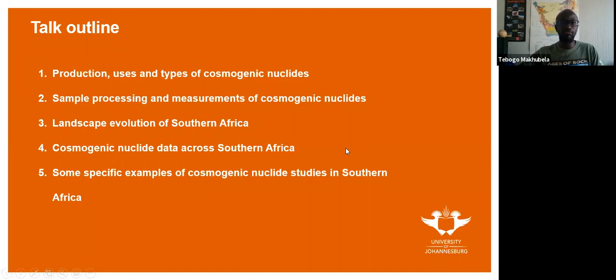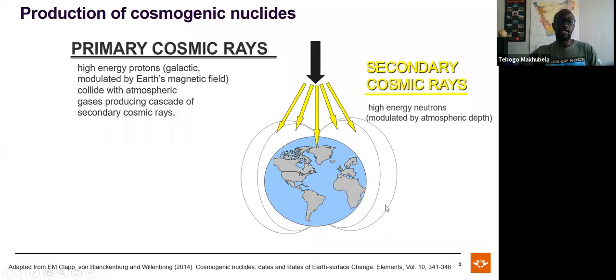Then I will move on to talk about the sample processing and measurements of cosmogenic nuclides, especially from a South African perspective. Then I will briefly talk about the landscape evolution of Southern Africa before moving on to the cosmogenic data in Southern Africa. And for that, I'm also going to use some specific examples of studies that have been carried out in Southern Africa.